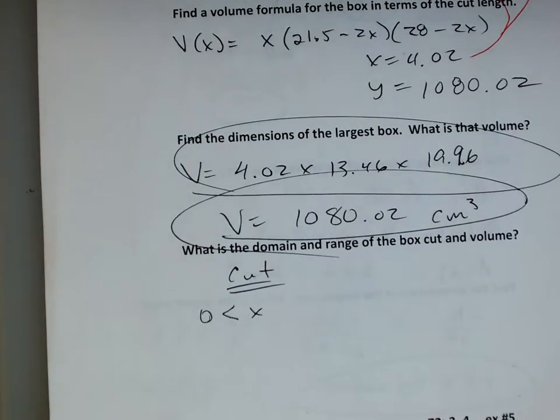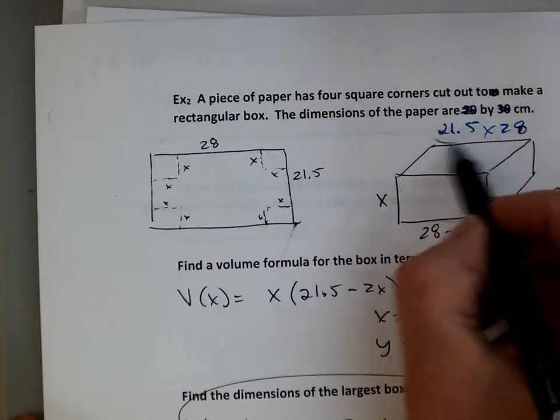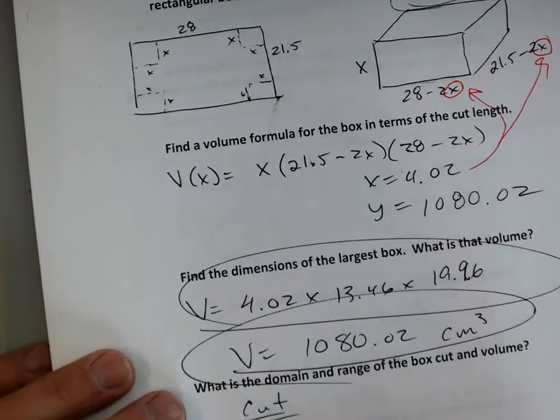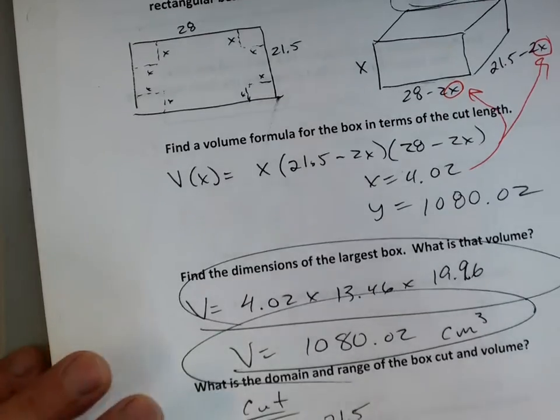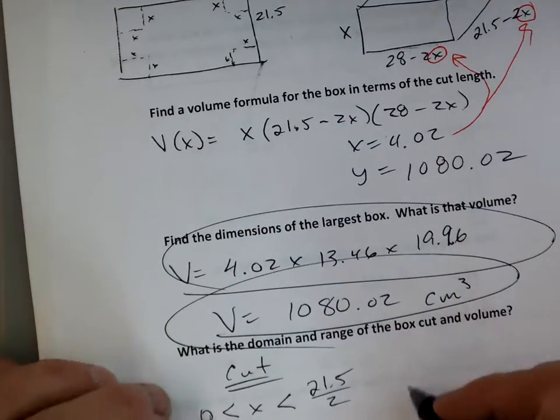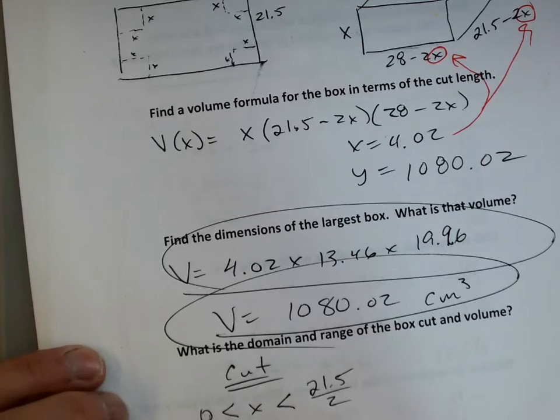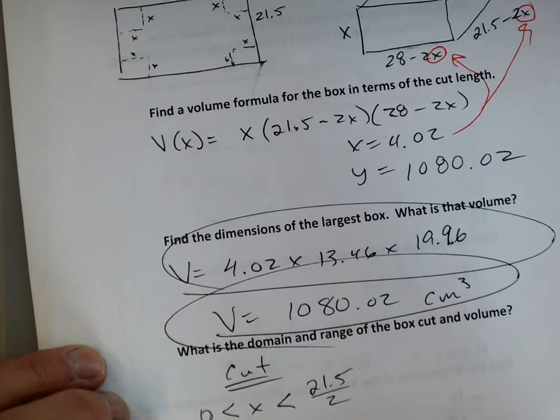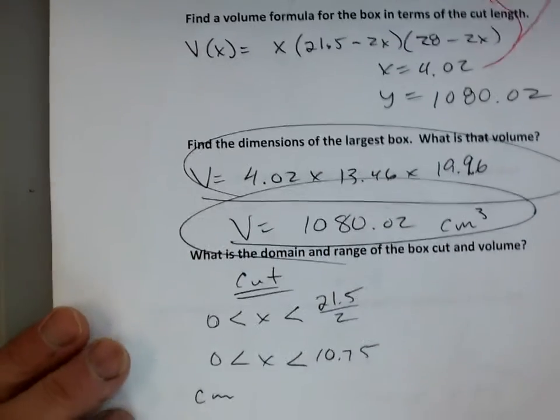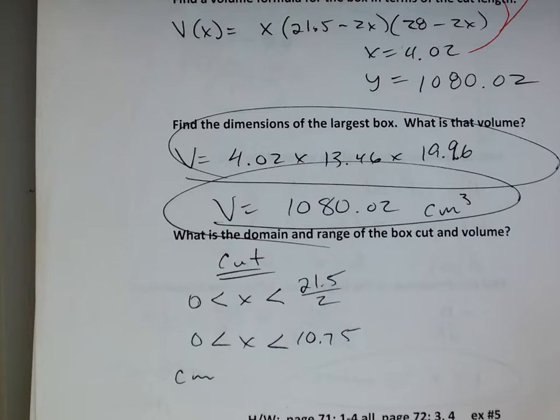And the largest cut would be half of the 21.5. What'd you get? 10.75. Okay, so the domain is 0 to 10.75 centimeters, right? Okay, not bad. Everybody with me? Because if I cut more than that, then there's no box.